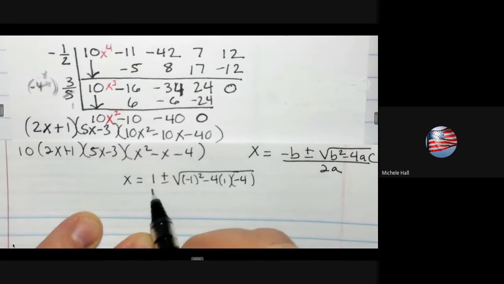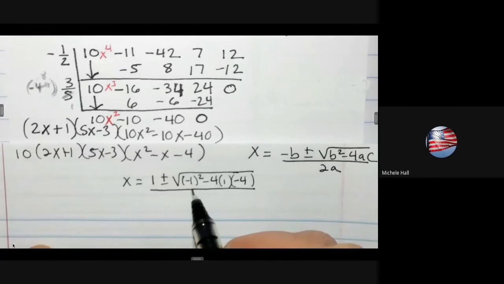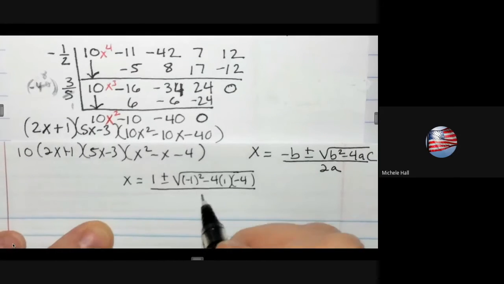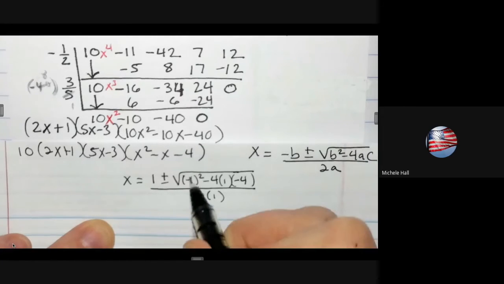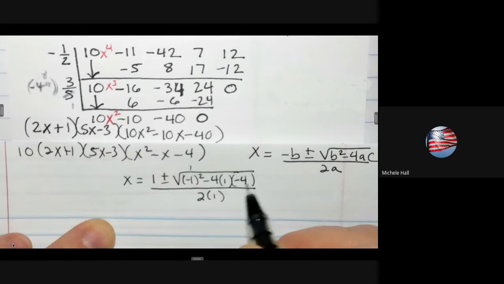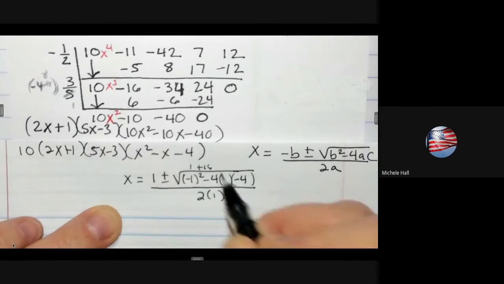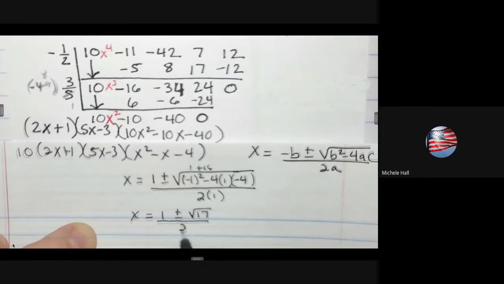I hope that you have learned by now to put your b term in parentheses when it's negative. And then we have 2a, 2 times 1. We have 1. -4 times -4 is positive 16. So x equals 1 plus or minus the square root of 17 divided by 2.